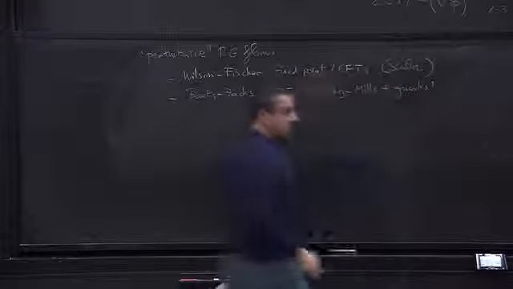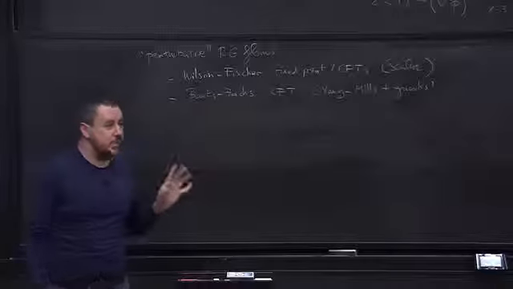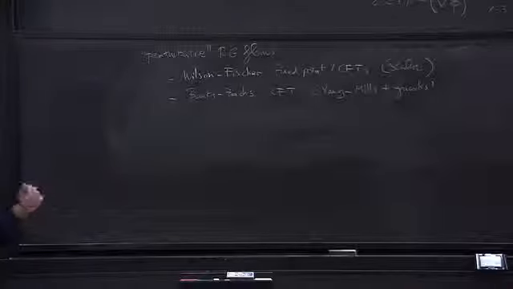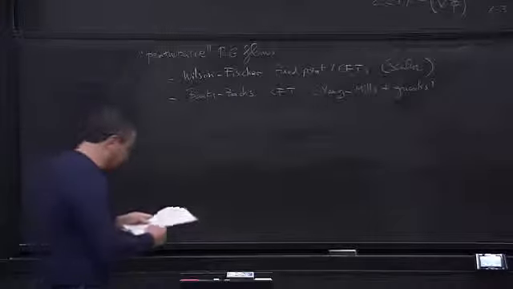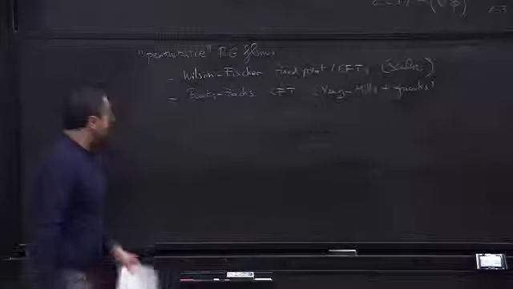Okay? But once I explain the physical mechanism here, you will understand what the hack is. So this is a bit of hacking that you have to do to be able to construct a CFT that's perturbatively reliable. Okay? So let me tell you what the hack that Wilson and Fisher did.